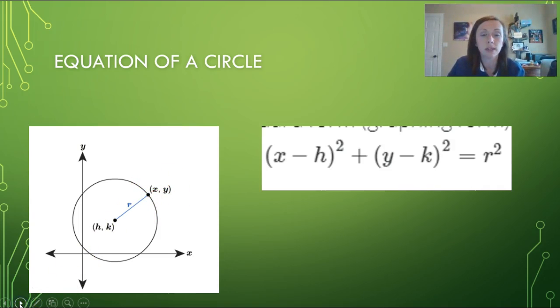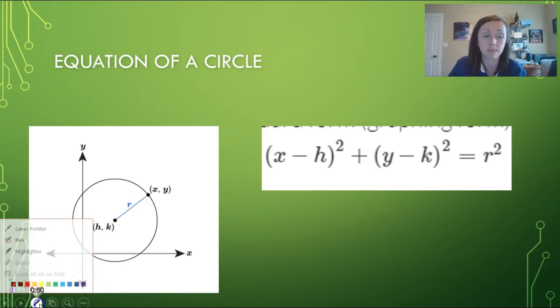And so the formula that works for this circle and any circle with a center and radius that's given to you is (x - h)² + (y - k)² = r².